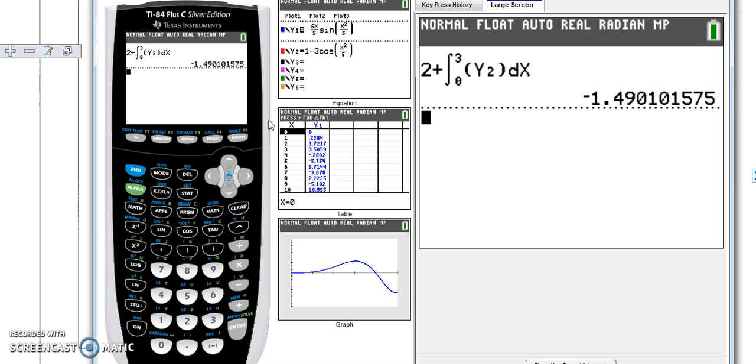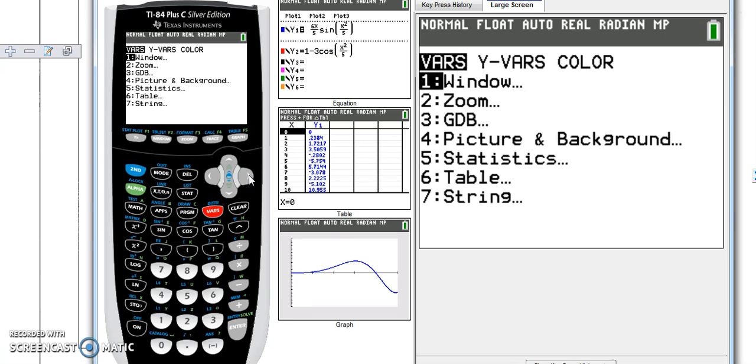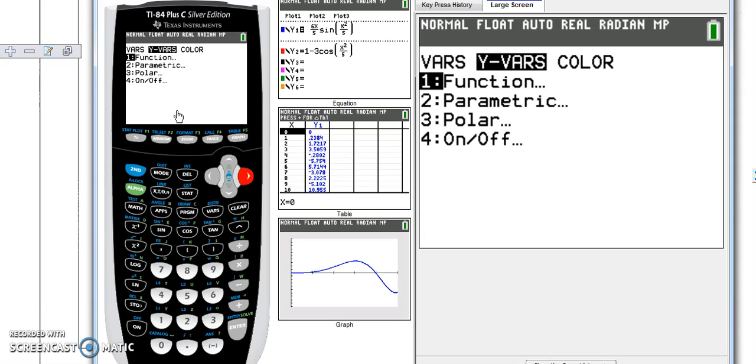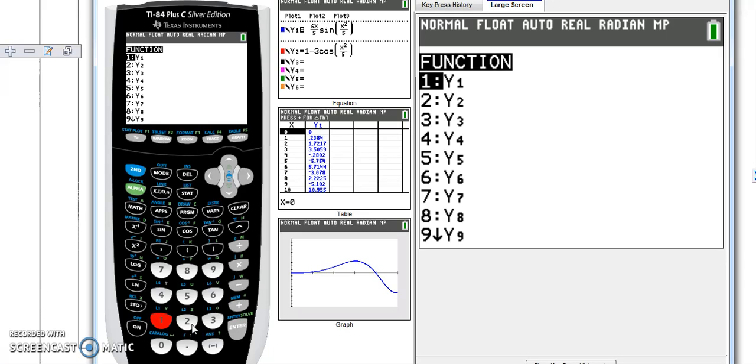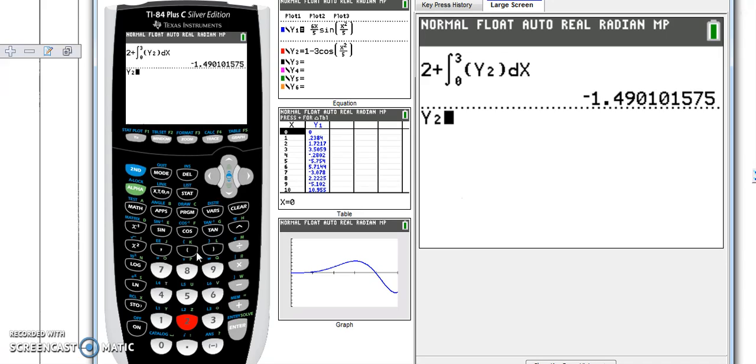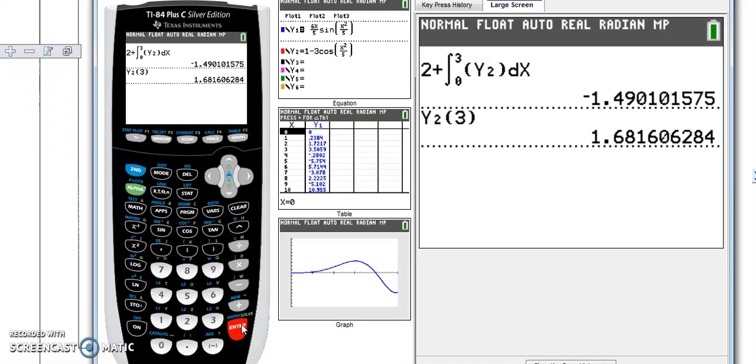Remember, the velocity is given to us. Velocity is that y2 function. So vars, y vars, hit 1 for functions, and go to y2. Now this is just function notation. y2 of 3, and we get 1.681.